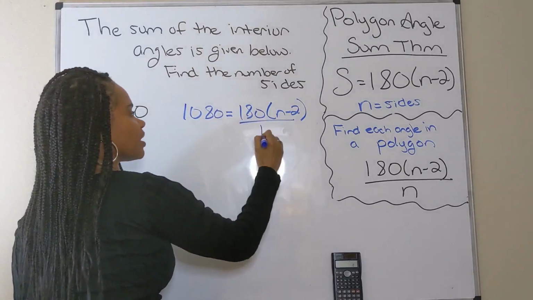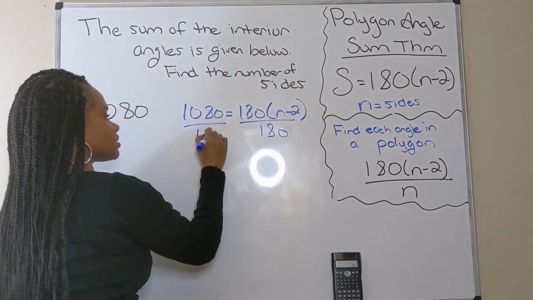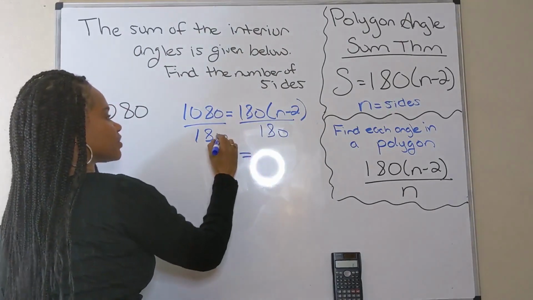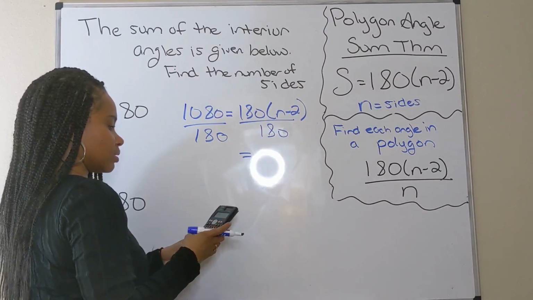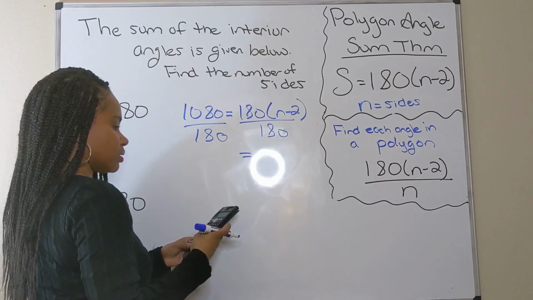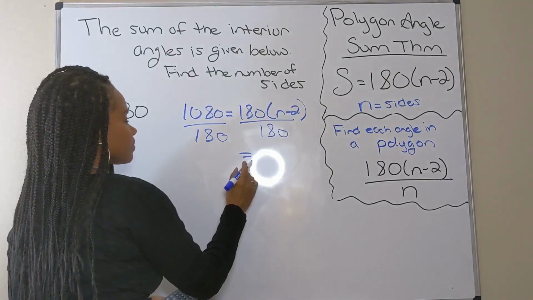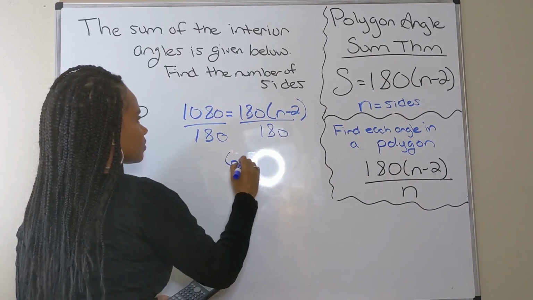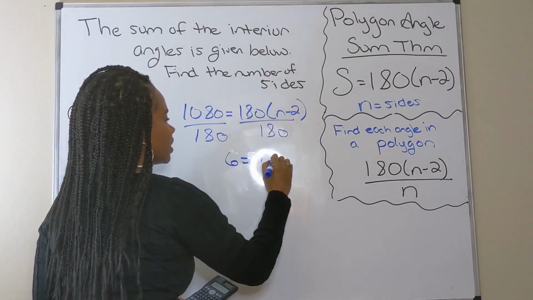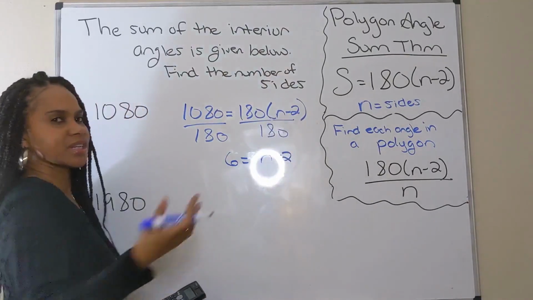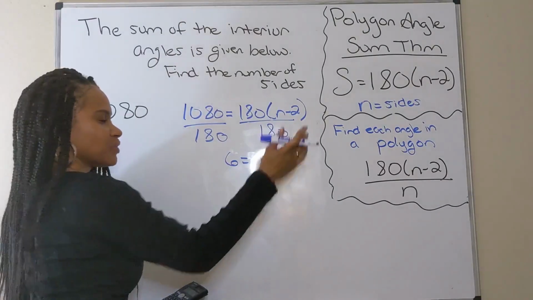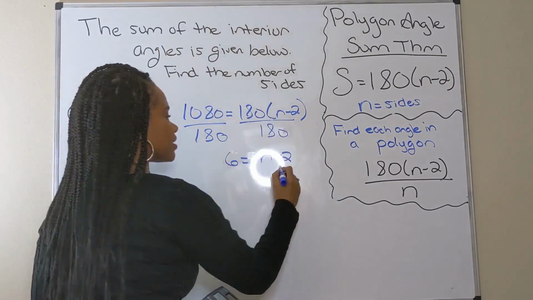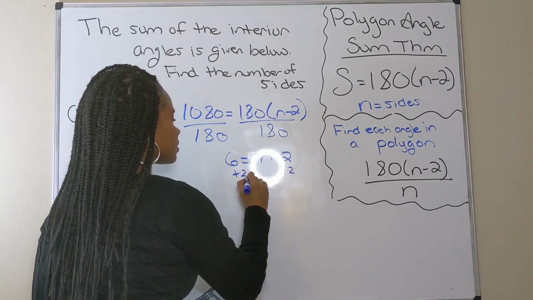So I'm dividing both sides by 180, so just solving the equation using inverse operations. 1080 divided by 180 is 6. And we're left with n minus 2. We don't need the parentheses anymore because we're no longer multiplying by 180. So now we just have that one-step equation left, adding 2.